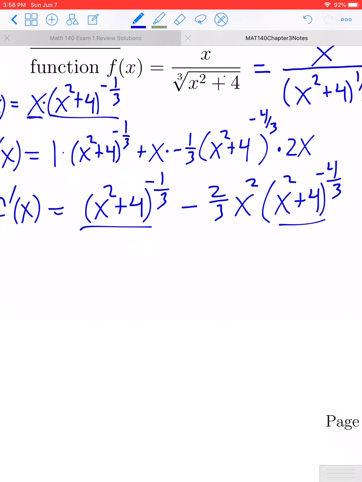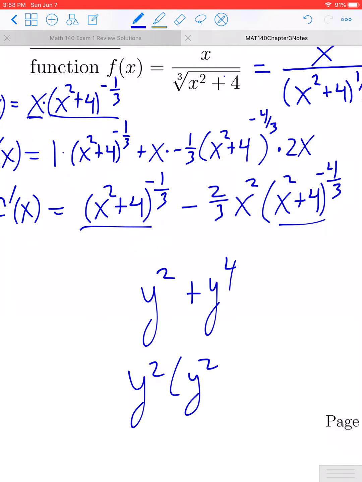And so if you think of it via analogy, if you had, let's say, y squared plus y to the fourth, and somebody asked you to factor this, well, we know it factors as y squared times 1 plus y squared. And the question becomes, which exponent do you factor out? The answer is you always factor out the smallest power of that expression.